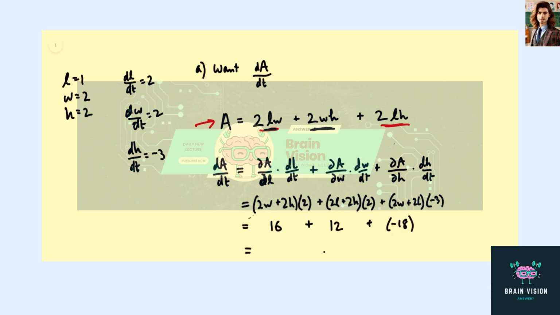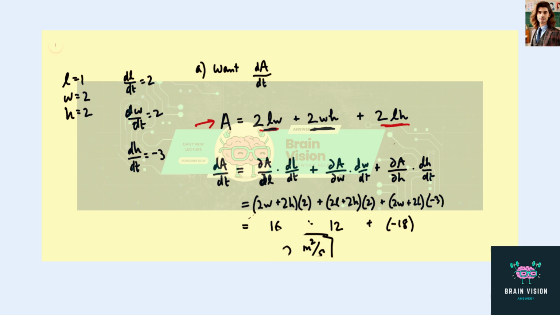So 16 plus 12 is 28. 28 minus 18 is 10. And this time, since it's area, our units will be square meters per second. So that's our answer for B.